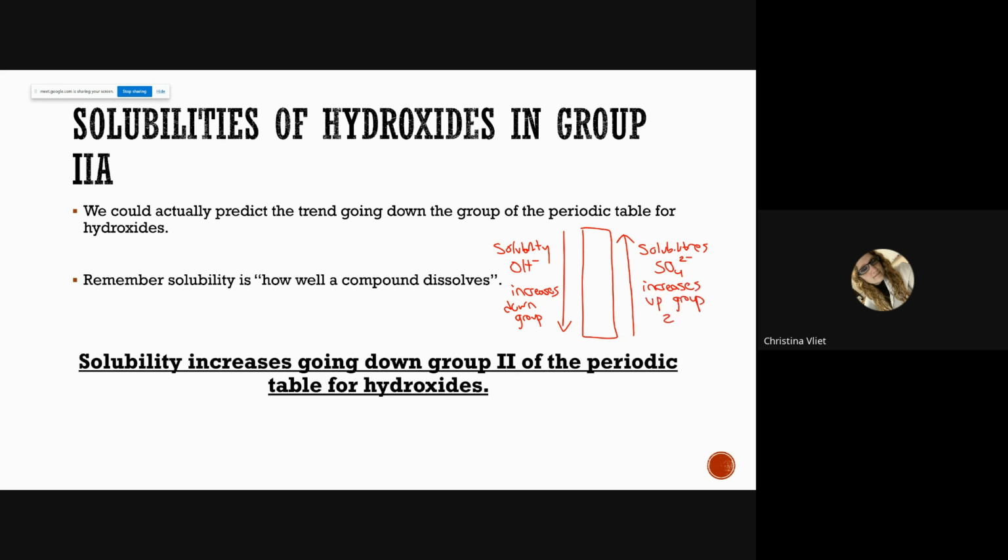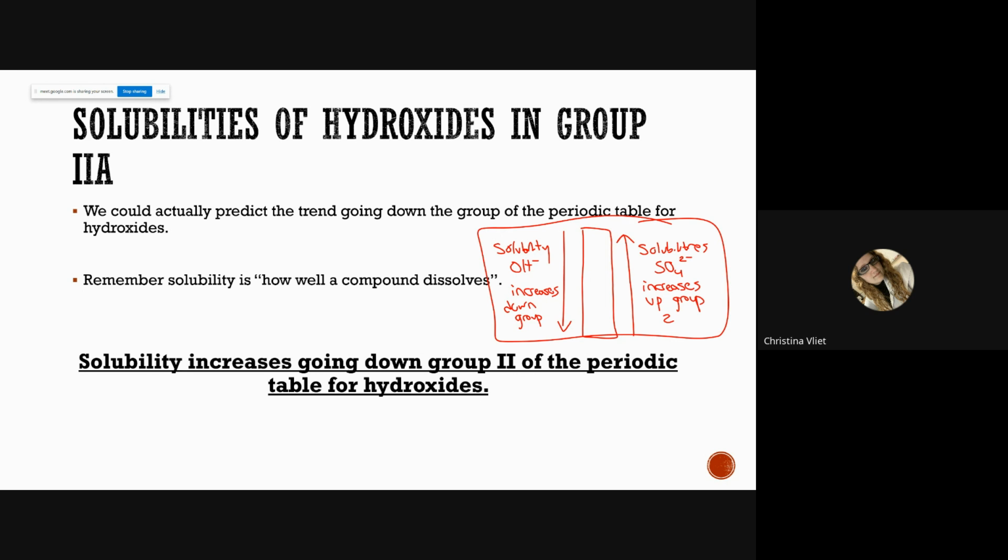Why is beyond the scope of this class; it's complicated. We just did it in A level. You don't have to know why. You just have to know at this level that this is a trend. So if I have magnesium sulfate, didn't the group have magnesium sulfate? Who had some Epsom salt? Did that dissolve? Yeah.